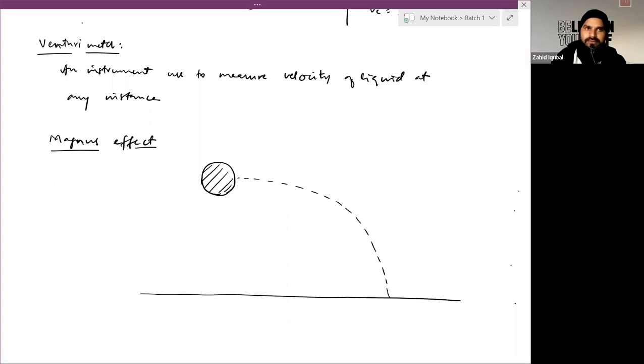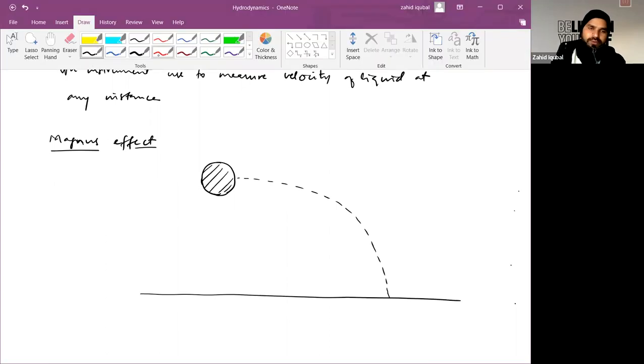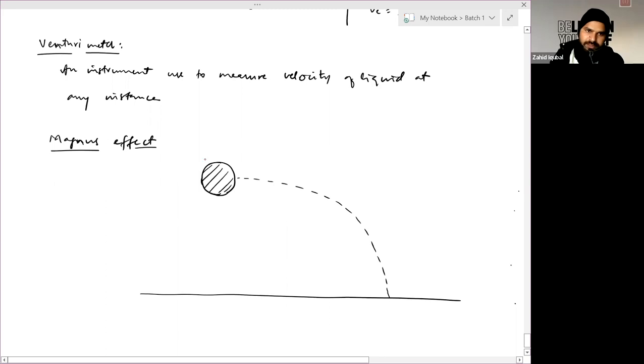This is the case of without spinning. So what will happen if you throw this particular ball by spinning in clockwise direction? Will there be any effect in its trajectory, or it will remain same?